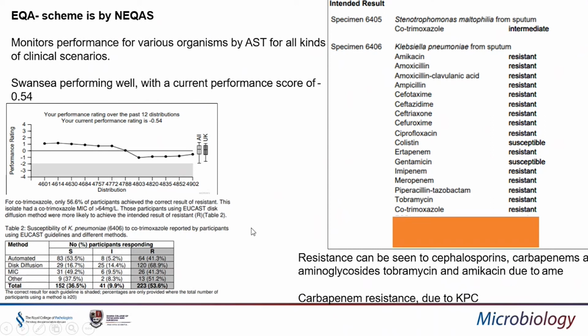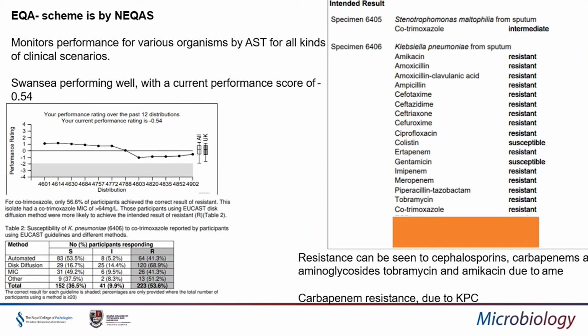I think this one was one of the examples I wanted to put in, for Moxiclav. It was one of those where we had the correct result, but the majority of people in the UK, well, I think it's globally, NACRAS subscriptions, got it wrong.